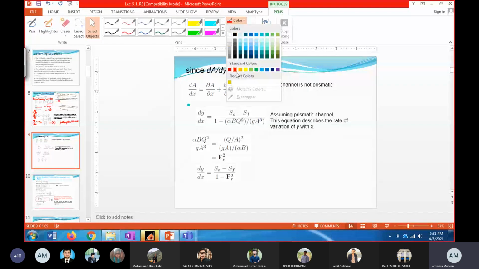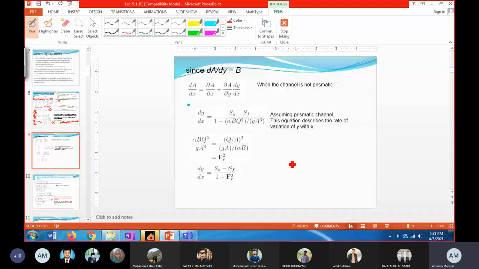According to the definition of Froude number, Fr, you know that the Froude number is the ratio of inertial forces to gravitational forces. You already know that. And we use this criterion to classify the flow into subcritical, supercritical, and critical flow.